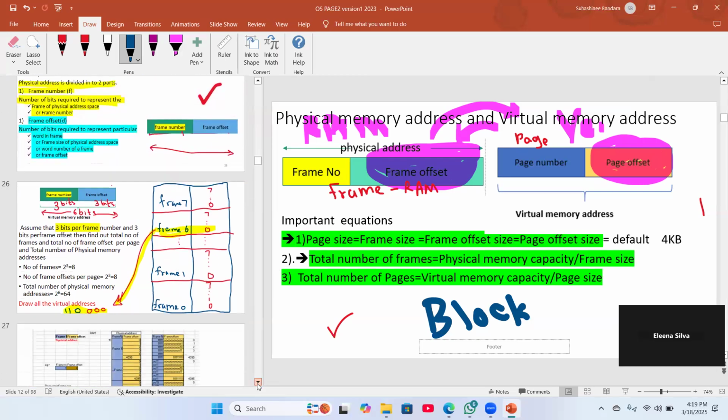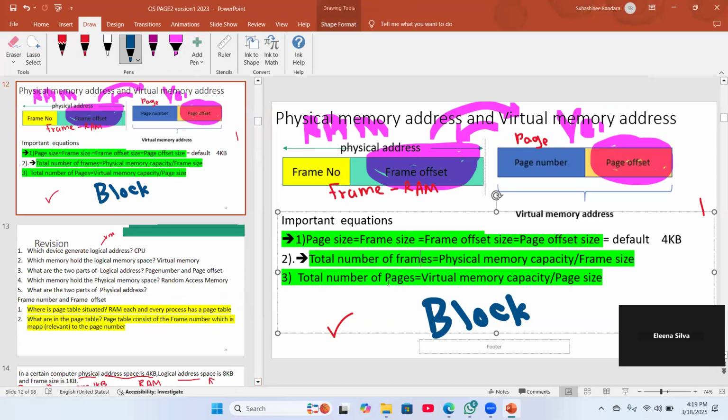Both. Okay, I'll take that one also. Copy down this one.